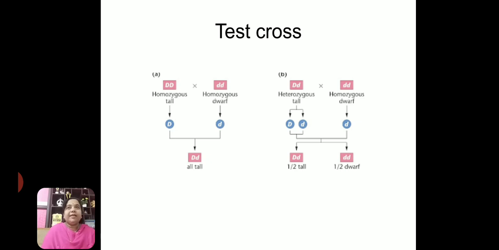Since a dwarf individual is obtained, we can show that there is a recessive allele in the F1 tall plant. That is the way the test cross helps to identify the genotype of the unknown organism.